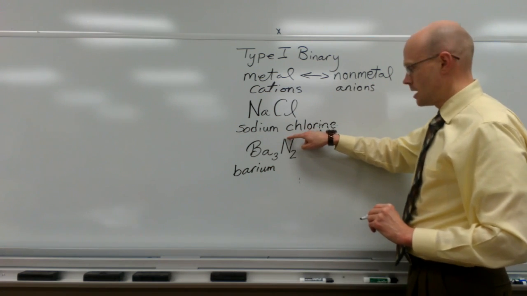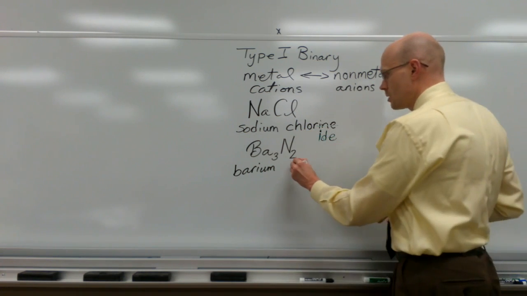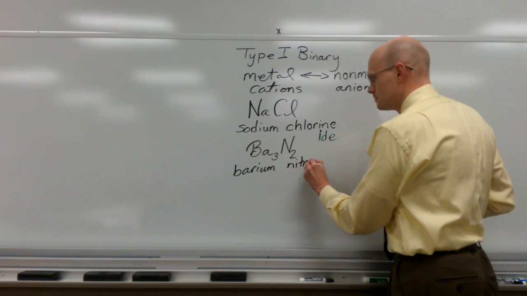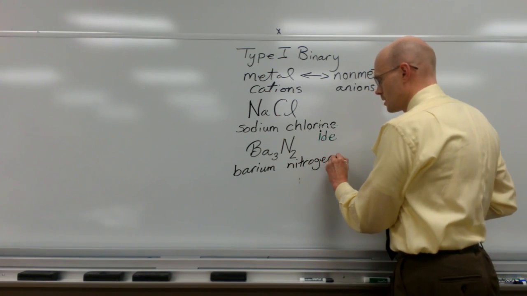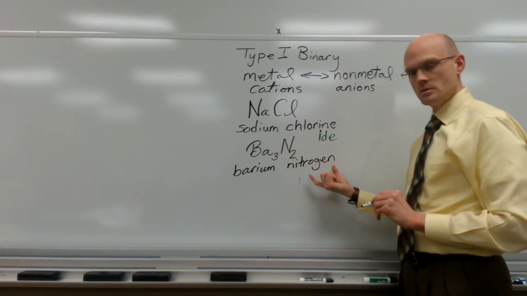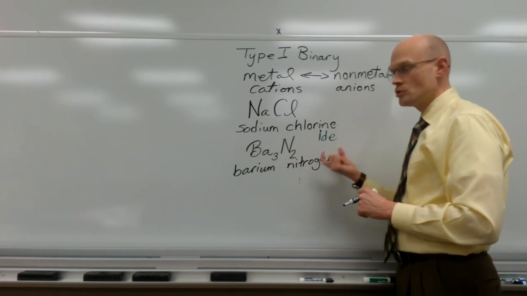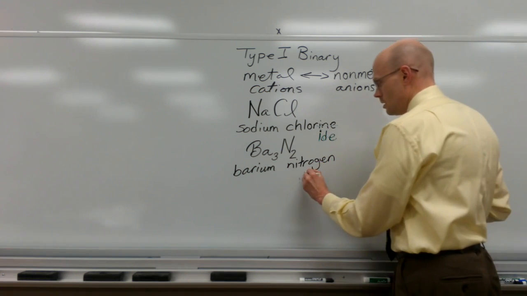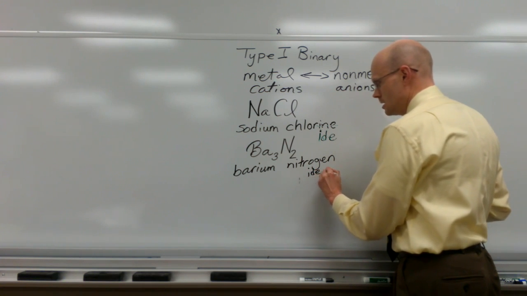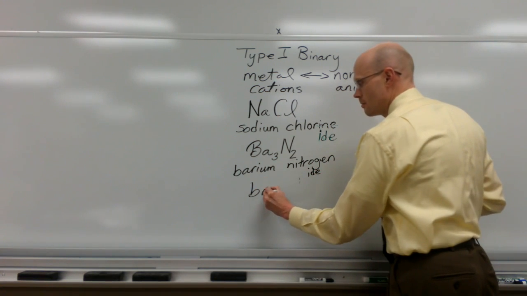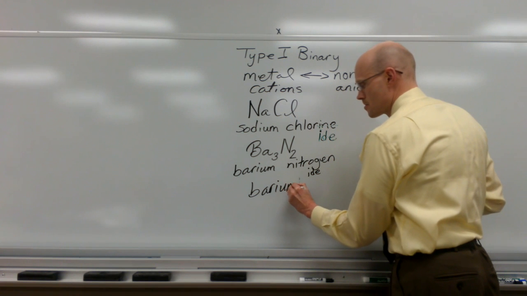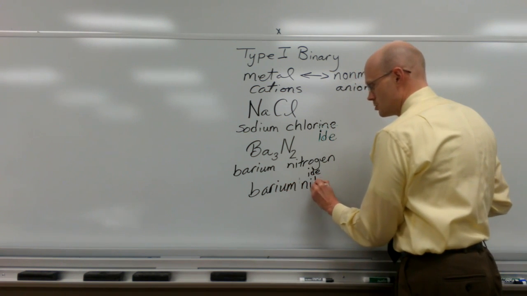The anion's name, it comes from the element nitrogen. We change the last syllable. Nitrogen becomes nitride. We add the IDE. So we have barium nitride.